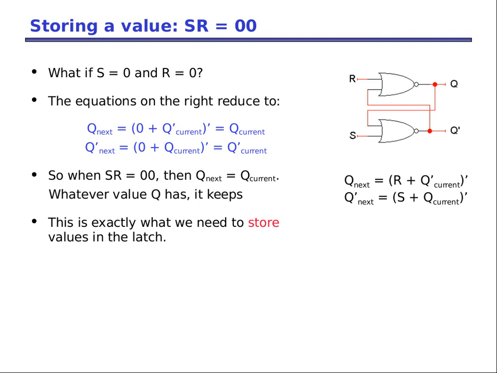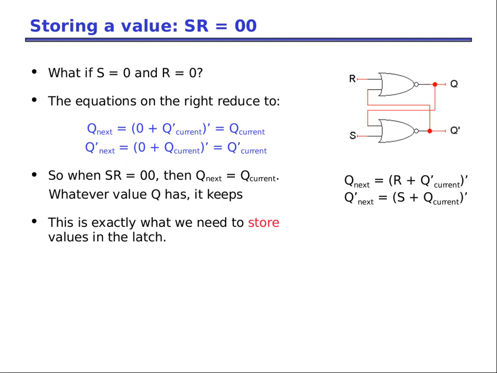Okay, so what if S is equal to 0 and R is equal to 0? What happens? That plus means OR, by the way. So 0 OR Q naught current will always be Q current. Remember you're NOTing it again. Since it's ORing, these zeros basically become irrelevant, and you just take what's next.